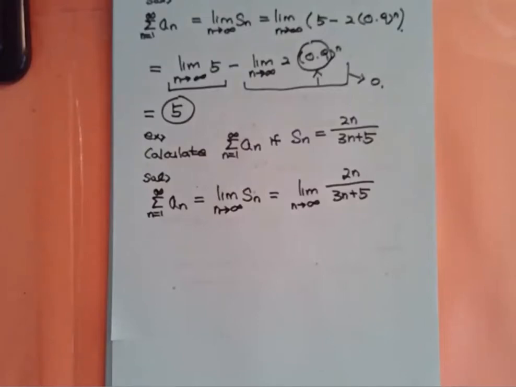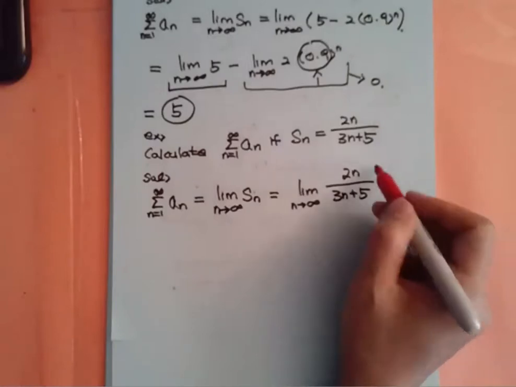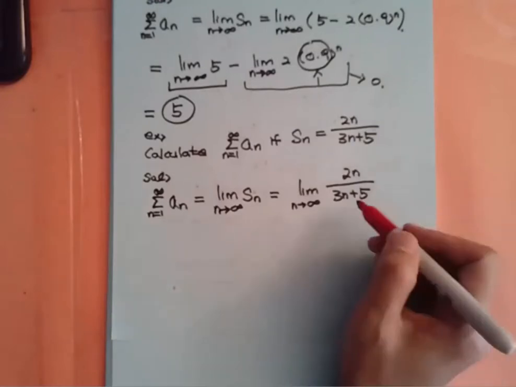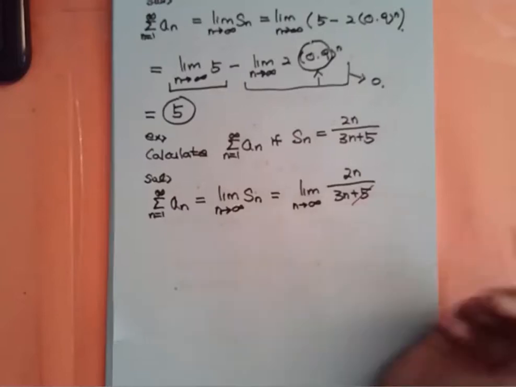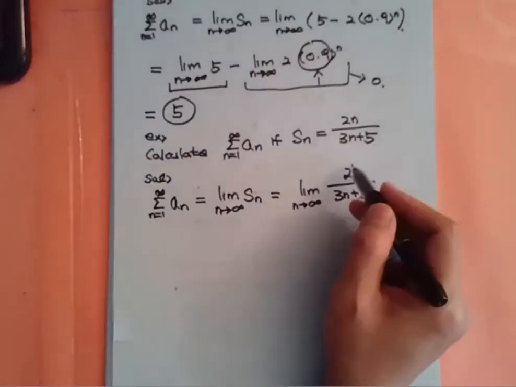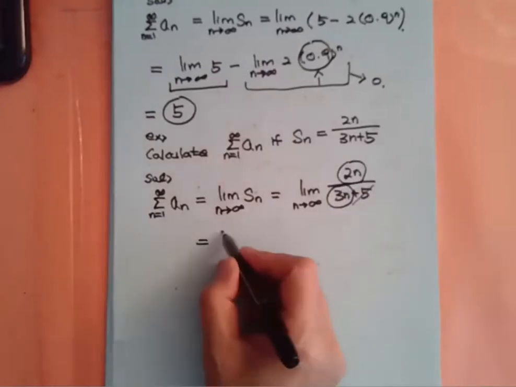In this case, you can divide the denominator and numerator by the highest degree term. However, as I told you before, we can just ignore the lower degree terms and focus on the highest degree term in the numerator and denominator.